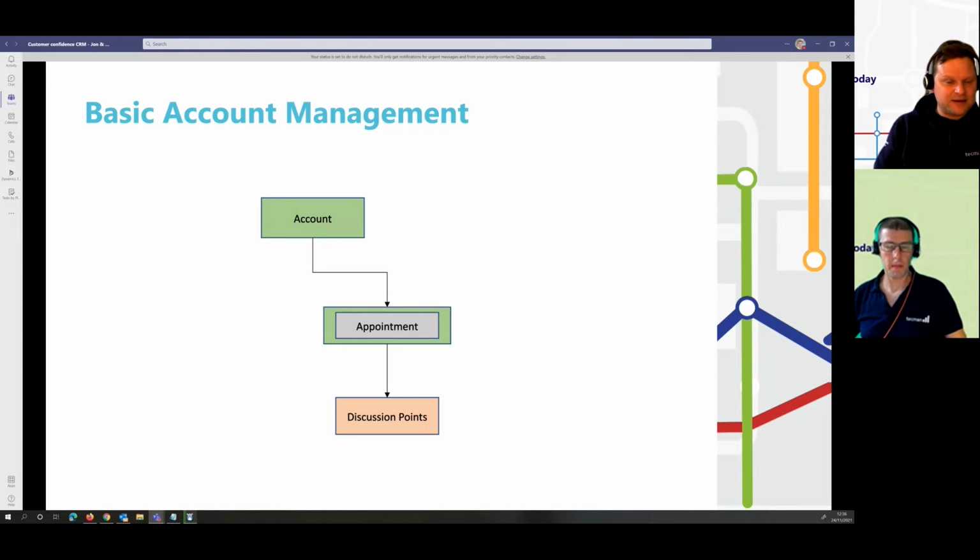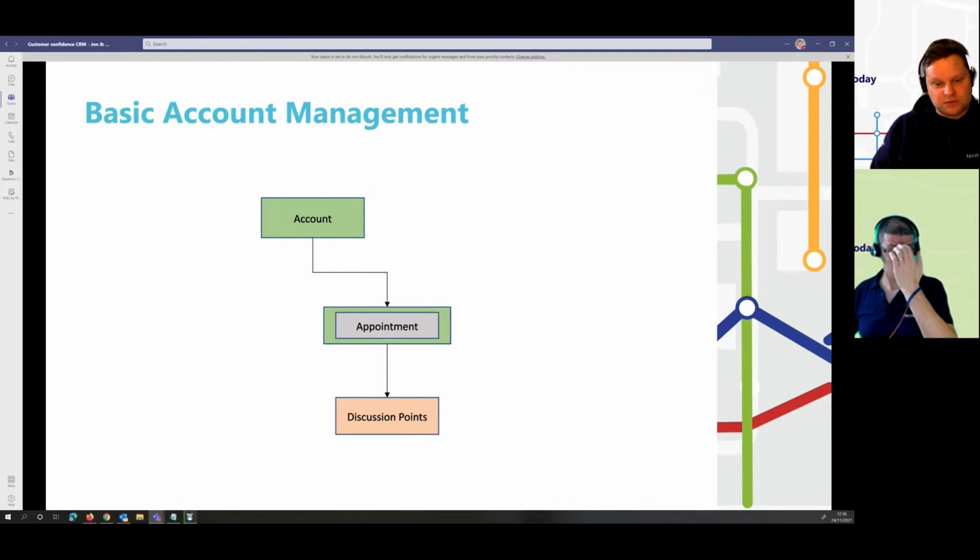Rather than a tier assigned to the account, we just set a default duration of appointment time on the account. So we might say on the account for Noble Foods, we write the number 30, and that's 30 days between every appointment, and then every appointment that's automatically created is 30 days in front of the one that we've just closed.